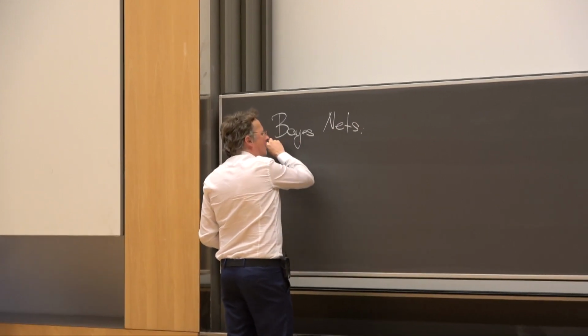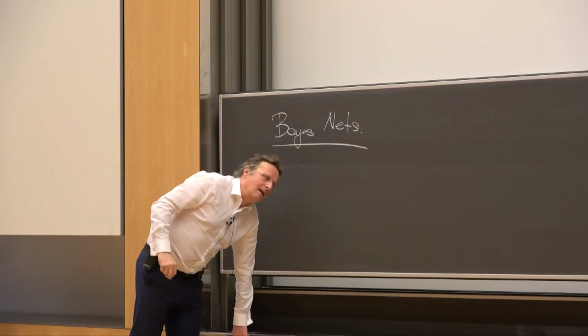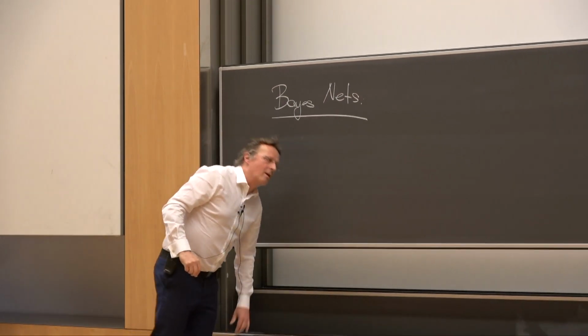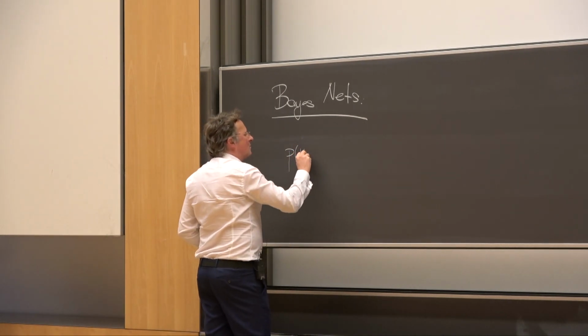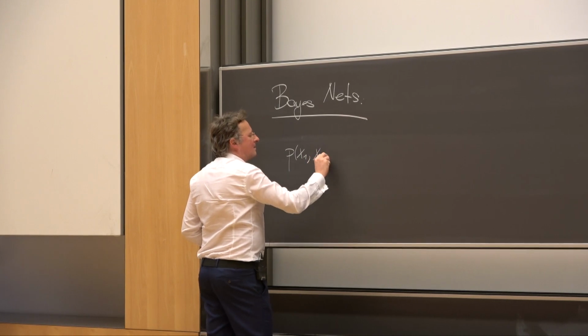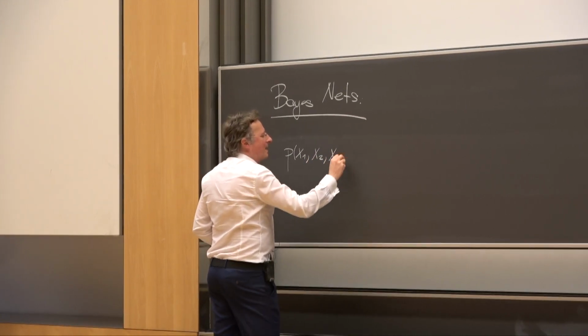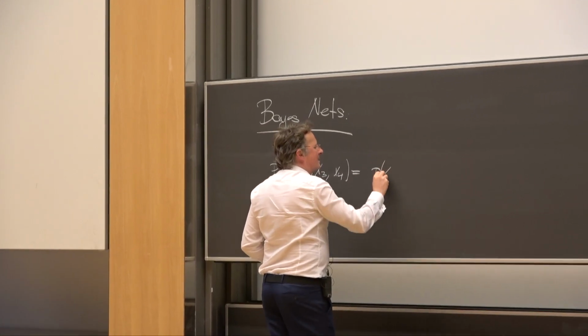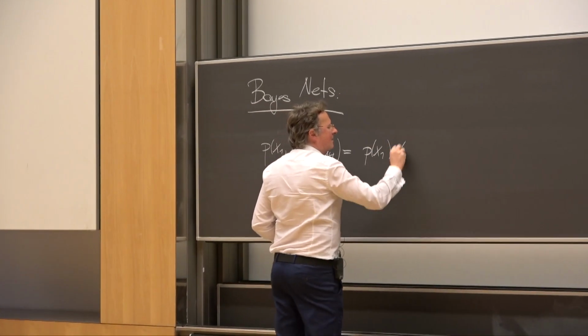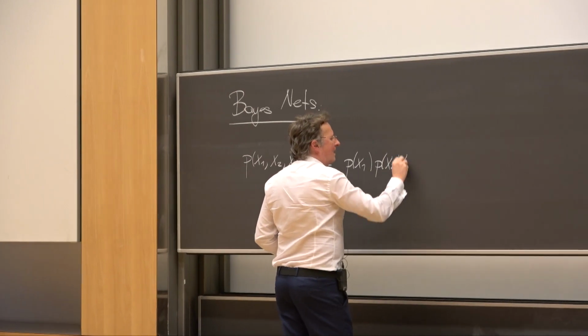So what we said is the intuition, or the motivation, really comes from the chain rule. You have a distribution that maybe depends on 4 variables. And now there's the standard factorization, the standard chain rule that you can write down.